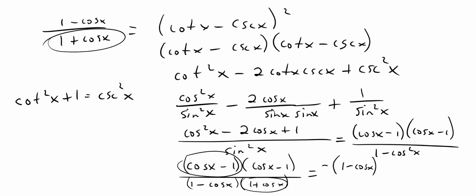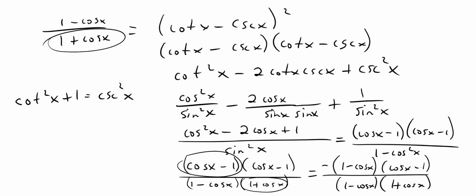Right, that's this. Do you agree with that? Negative of 1 minus cosine gives me cosine of x minus 1, and then times cosine of x minus 1. And the bottom is 1 minus cosine of x and 1 plus cosine of x.